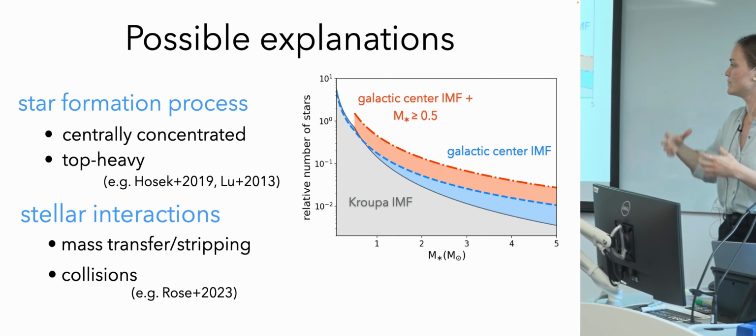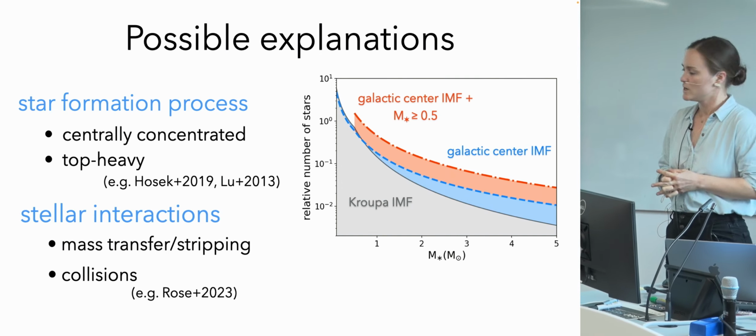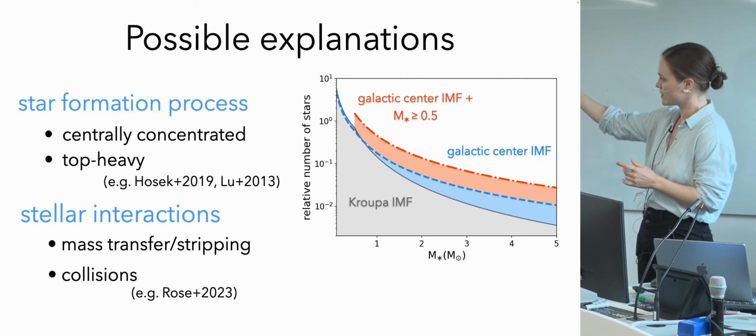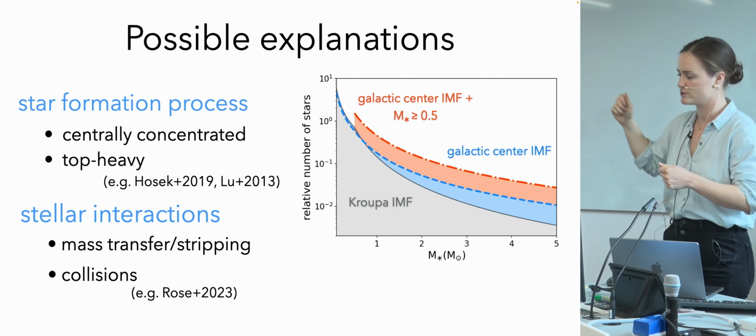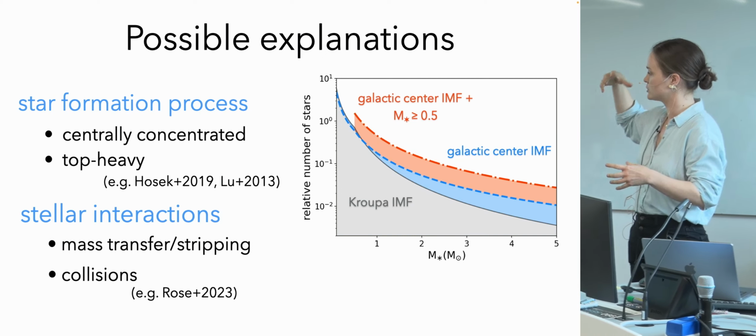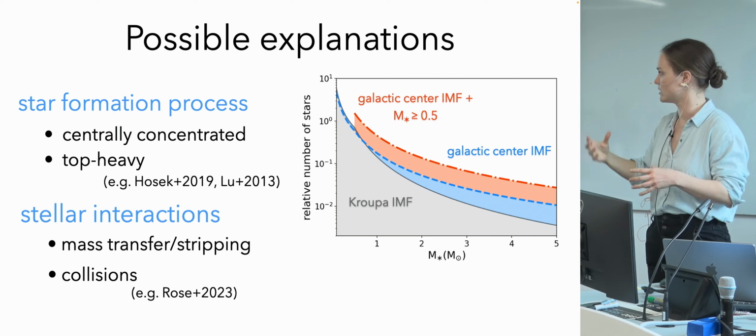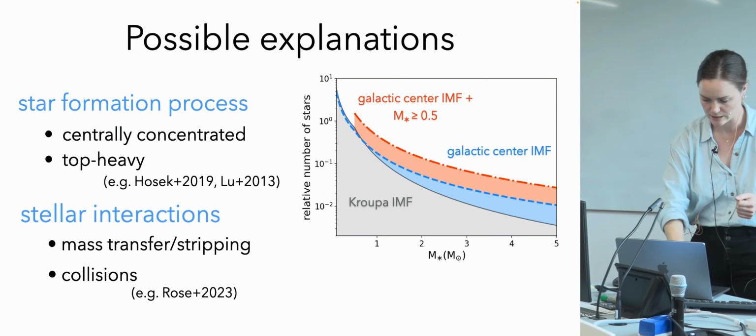And so you can make more massive stars this way. And then there's also a possibility that you could get very, very high abundance ratios of nitrogen and carbon through stripping higher mass stars, but this doesn't necessarily help your rates.